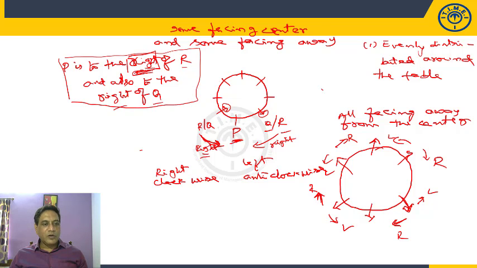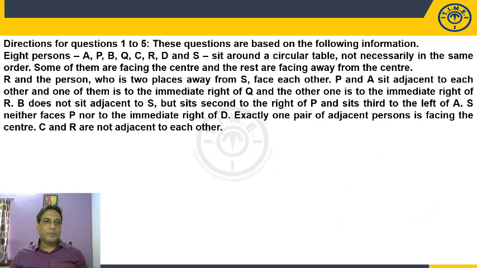So we will go to the puzzle now. Directions for questions 1 to 5. 8 persons A, P, B, Q, C, R, D and S sit around a circular table, not necessarily in the same order.